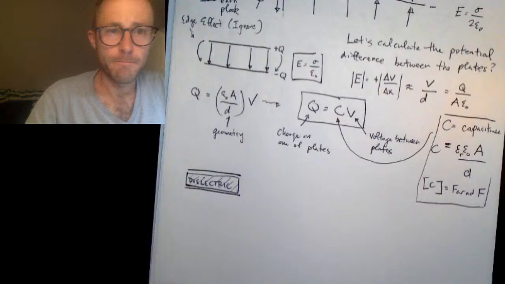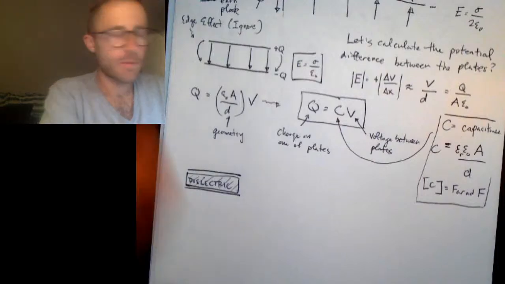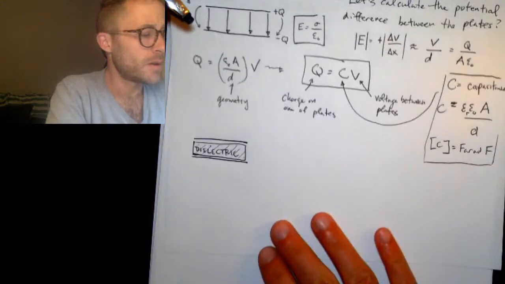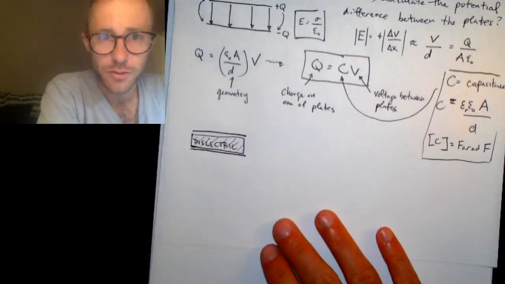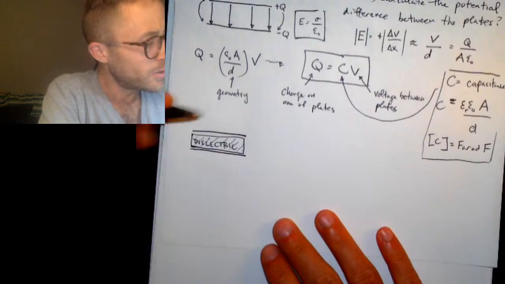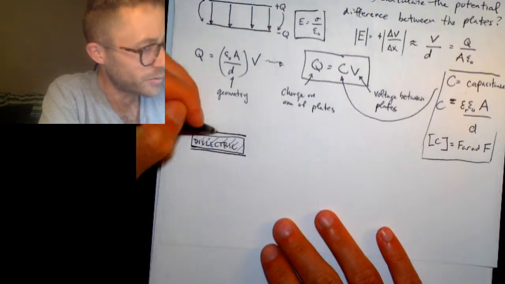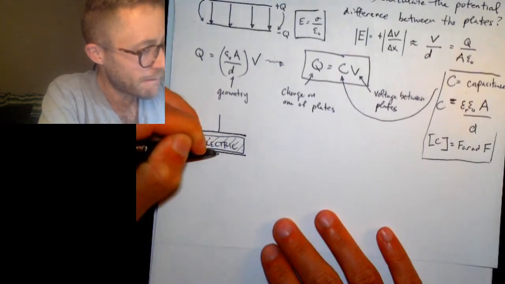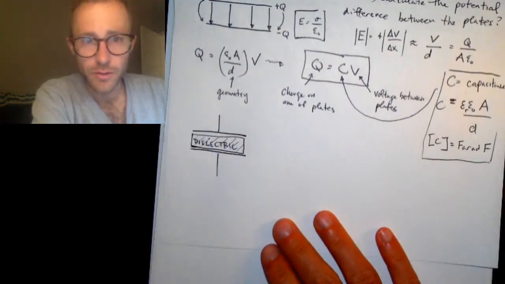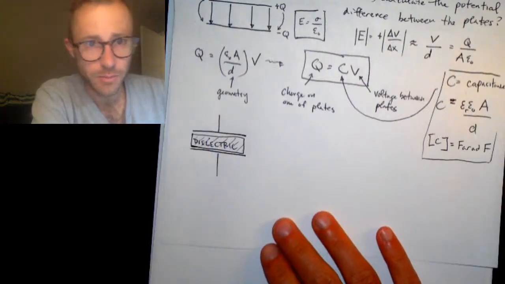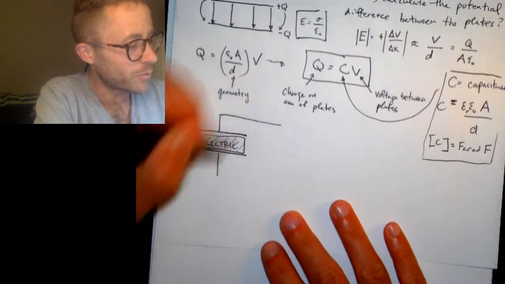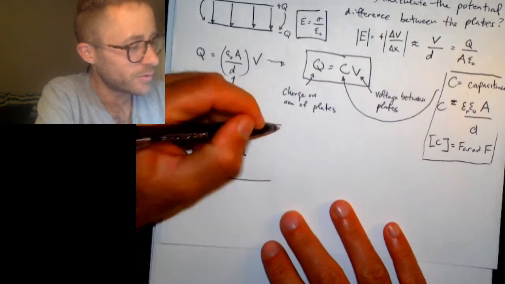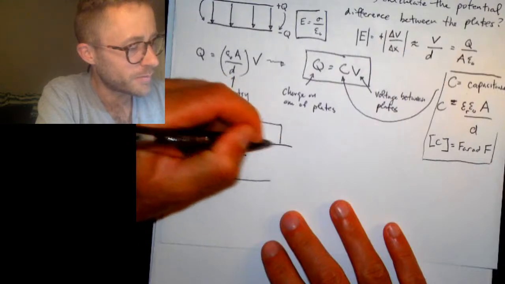All right. Now, the question is, well, how do we get charge on the capacitor plates? So what happens is we've got wires that go out of the capacitor plate, okay? And then maybe those wires are connected to a battery.